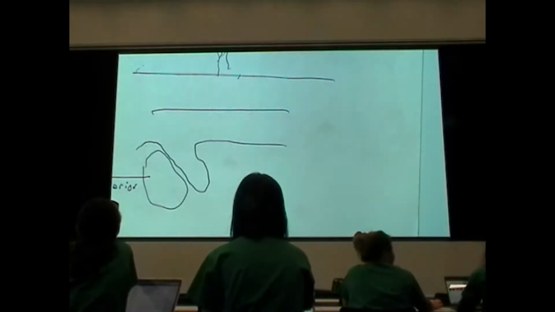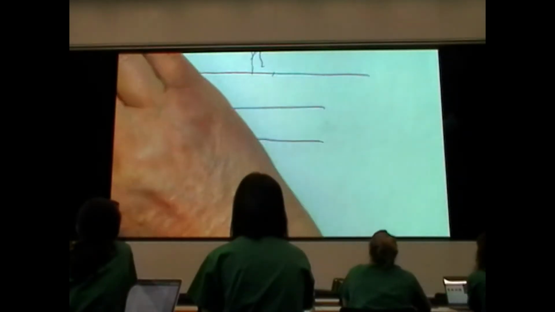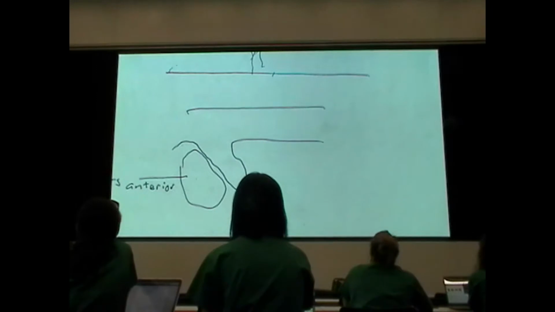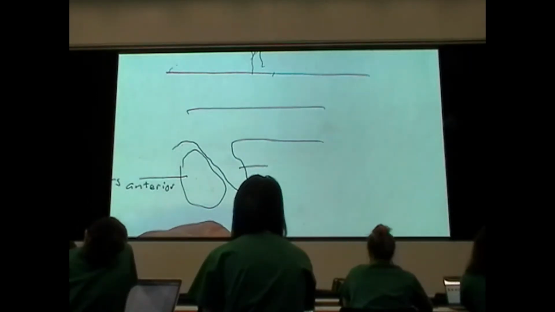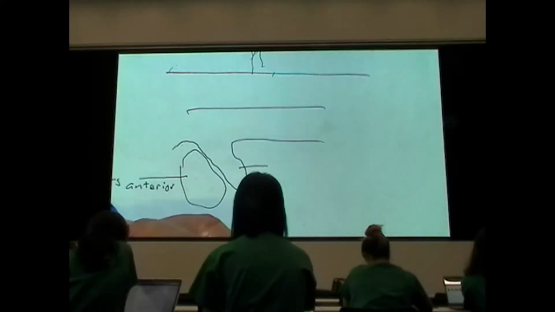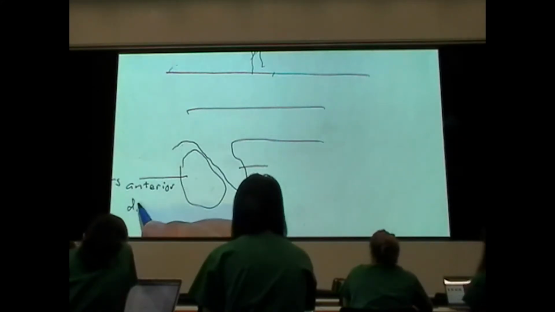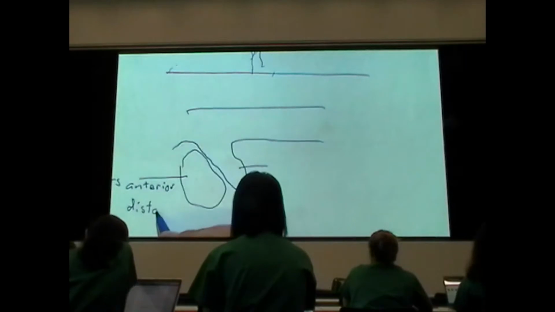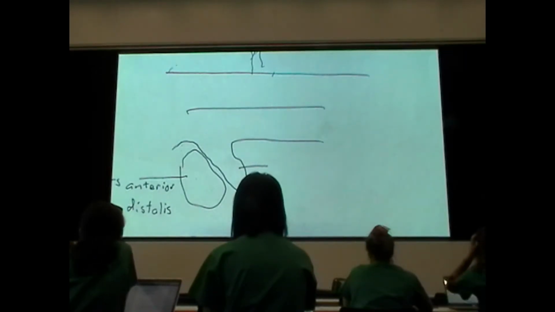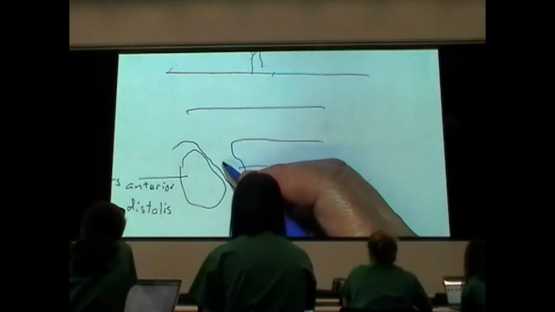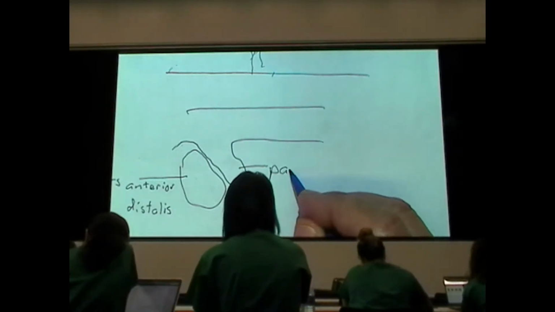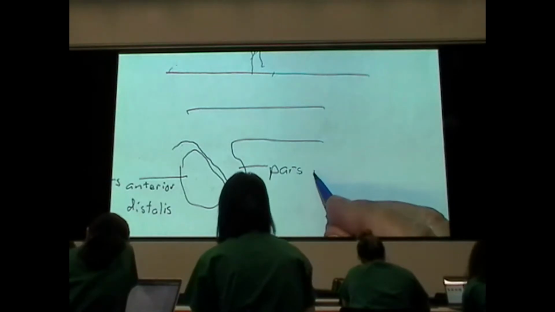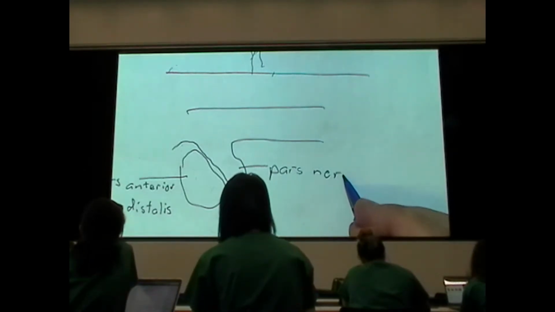So called the pars distalis. And the part that came from the hypothalamus is called the pars nervosa.